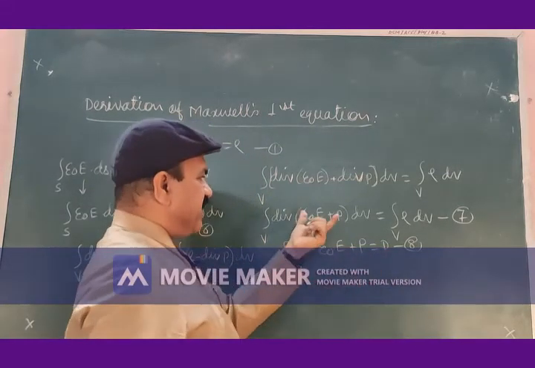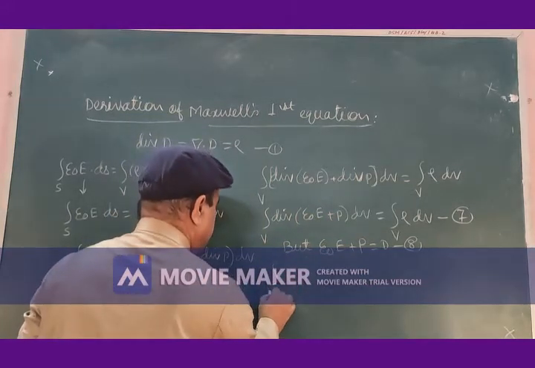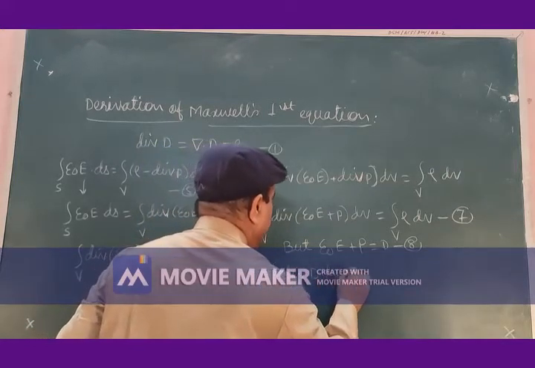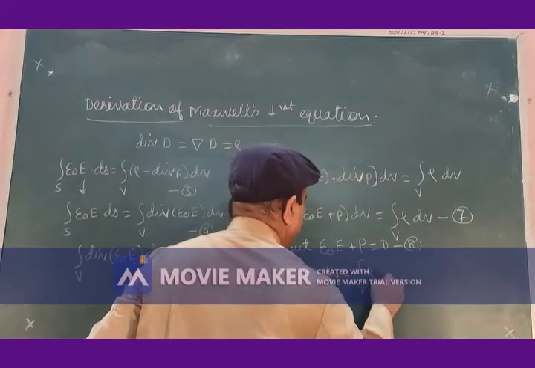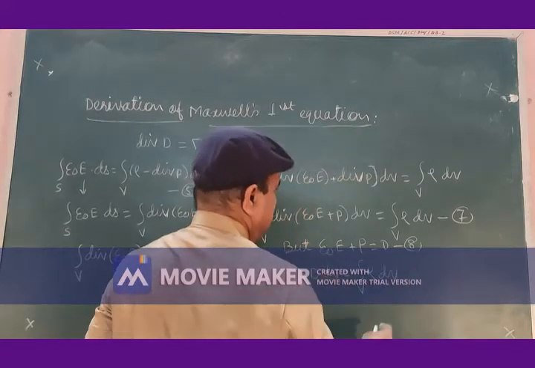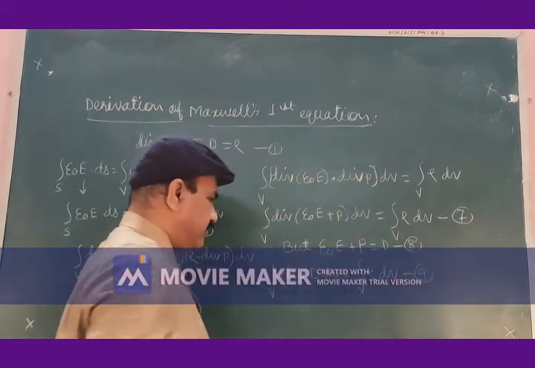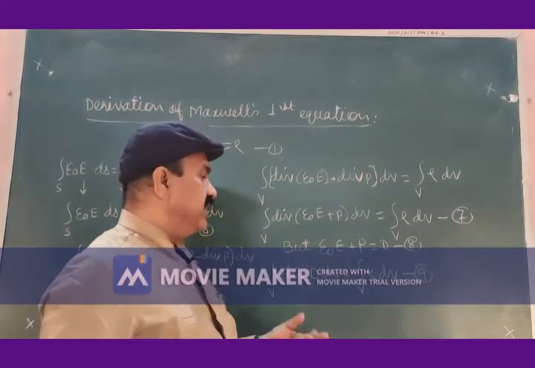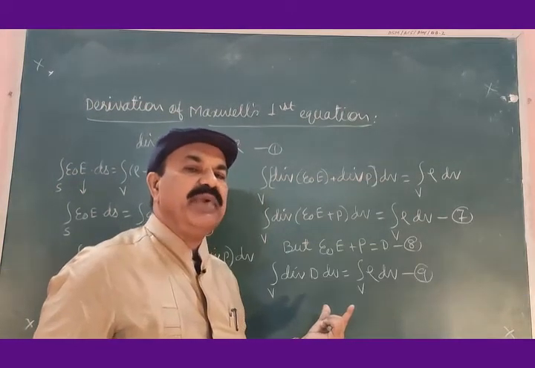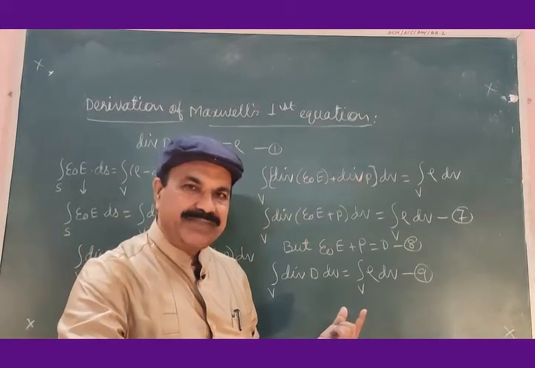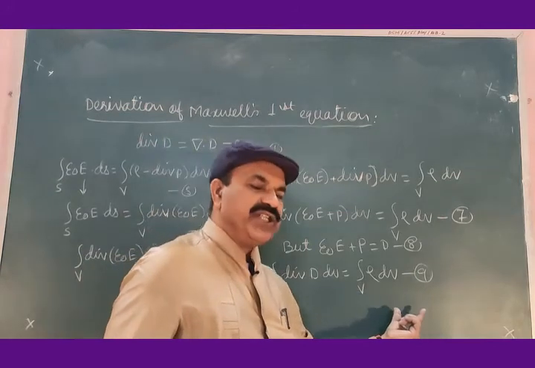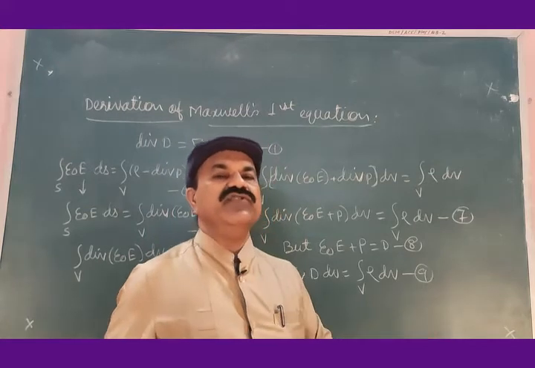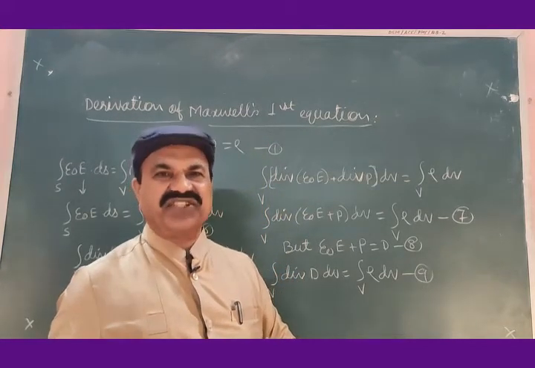With equation 8, equation 7 may further be written as volume integration of divergence of D dV equal to volume integration of rho dV, equation number 9. Equation 9 is true for any arbitrary volume. The LHS is true for any arbitrary volume of the dielectric material under consideration, and the RHS of equation 9 is also true for any arbitrary volume V of the dielectric material under consideration.